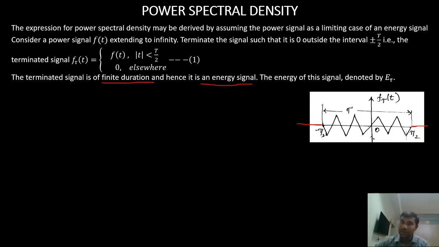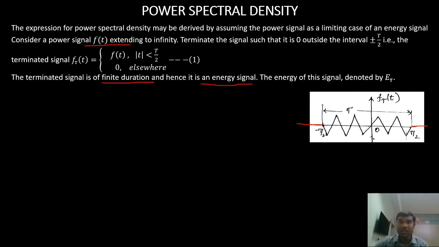If I make this capital T as infinity, what will I get? I'll get a signal of infinite duration. That is my original f of t. If it is a signal of infinite duration, then we call it a power signal.